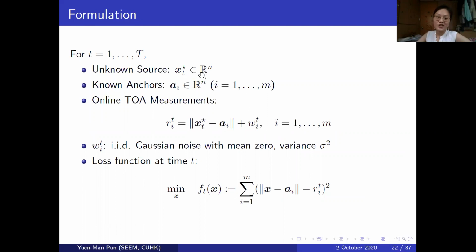Simply, we just put all the t back. So the t here represents the time, and at different time t, we have different source location or target location, and we have different noise that is independent of each other, and different TOA measurements, and the loss function is given like this.